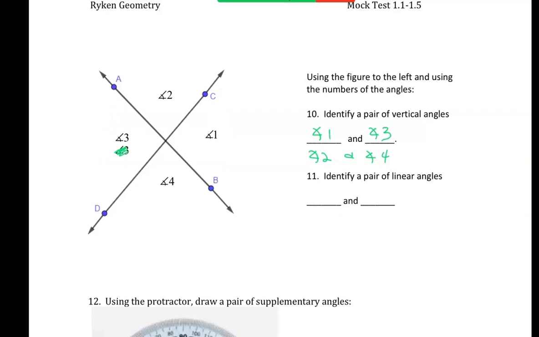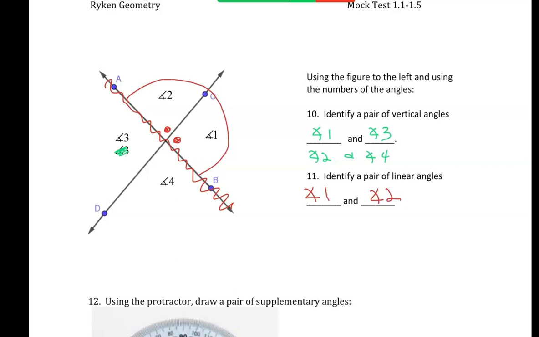Find a line. Okay, color in your line. Here's my line. Make a rainbow on your line, and the two angles under the rainbow are a linear pair. So angle 1 and angle 2 are a linear pair.